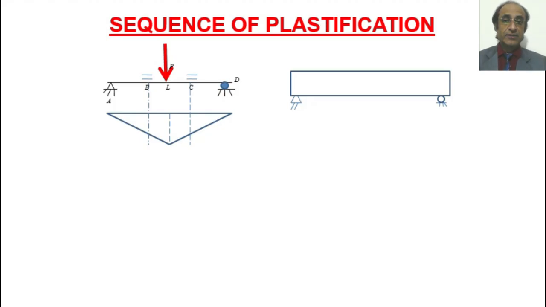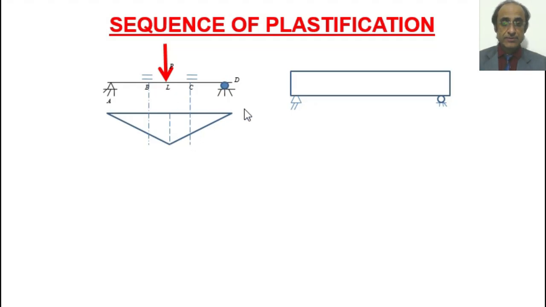Now let's see how the plastification happens. It does not happen at a single point, but basically it encompasses a small region. So for simplicity, consider a simply supported beam under the action of a point load acting at the midpoint. For this case it has a triangular bending moment diagram.